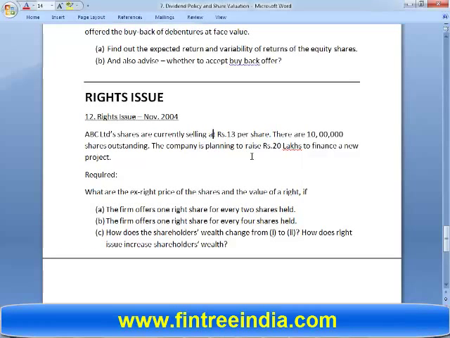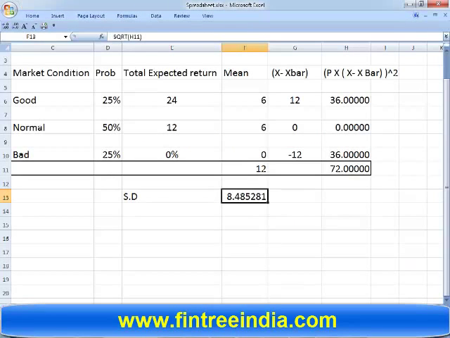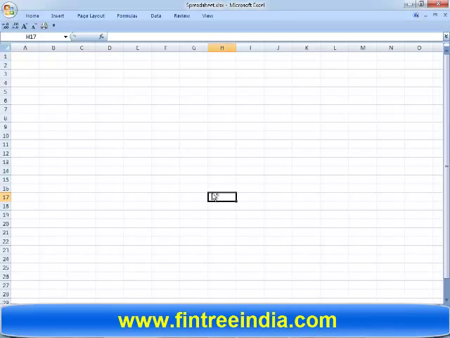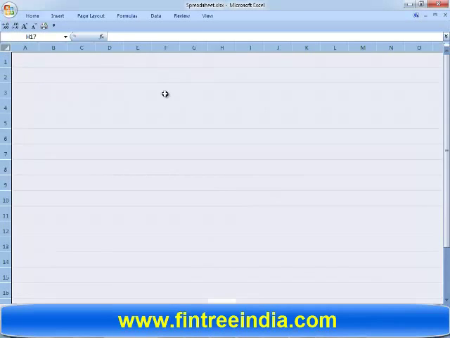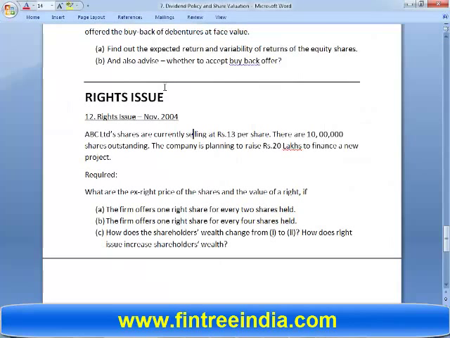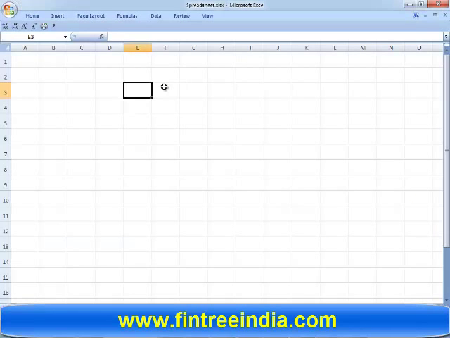First we will get some basic data. One share for every 2 shares held. So these are the particulars.